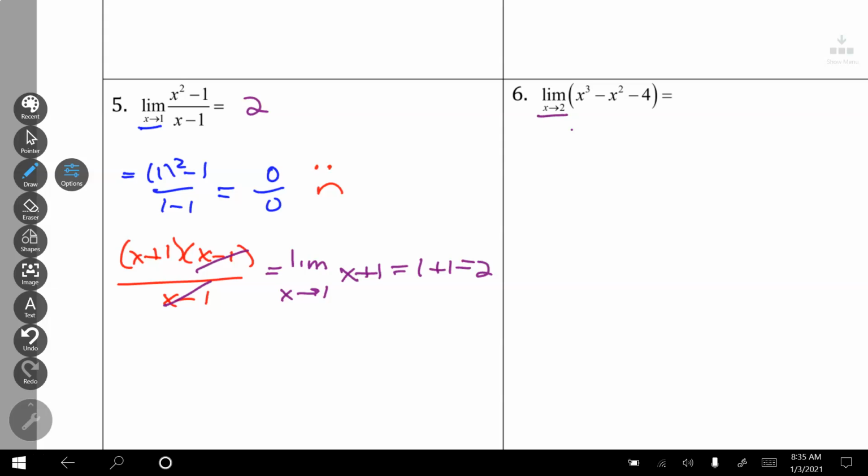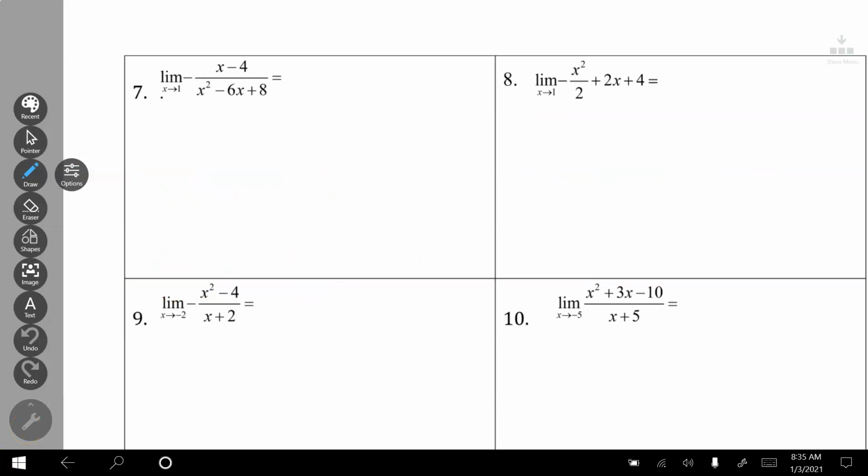And this one says plug in 2, so I get 2 cubed minus 2 squared minus 4. 8 minus 4 minus 4. I get 0 as my limit. Okay, it says plug in 1. Don't forget that negative sign. Negative 1 minus 4 over 1 squared.